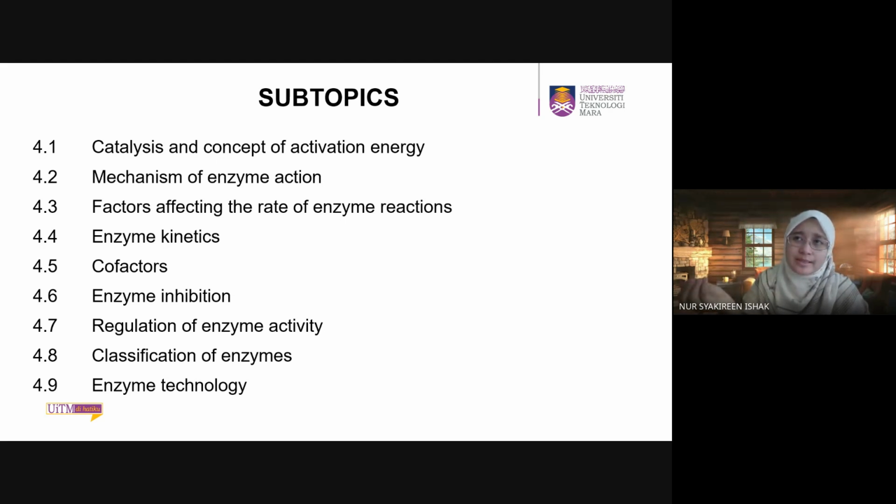In another reaction, the redox reaction, the transfer of electrons from one molecule to another, the oxidation reduction reaction, that group of enzymes we call oxidase. So there are 6 classes of enzyme, if I'm not mistaken, based on the type of reaction it catalyzes. And then the last part is enzyme technology.